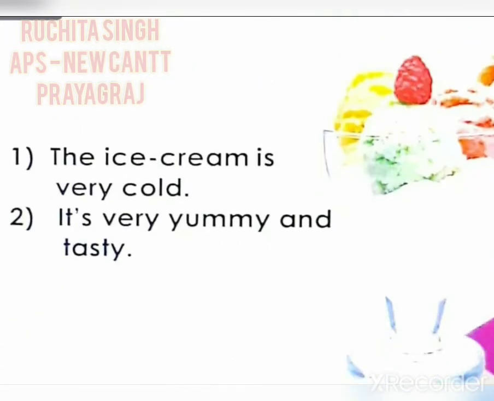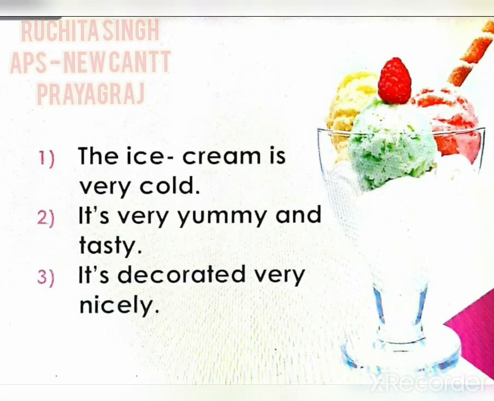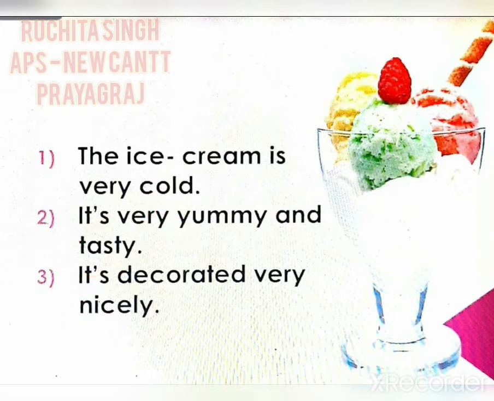Then you can say that it is very yummy and tasty. So this yummy and tasty is describing word. Then children, what else you can say? You can say that it is decorated very nicely. So how it is decorated? It is decorated very nicely. So cold, yummy, tasty and nicely are adjectives.